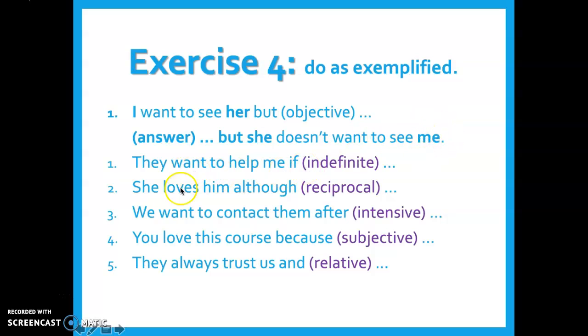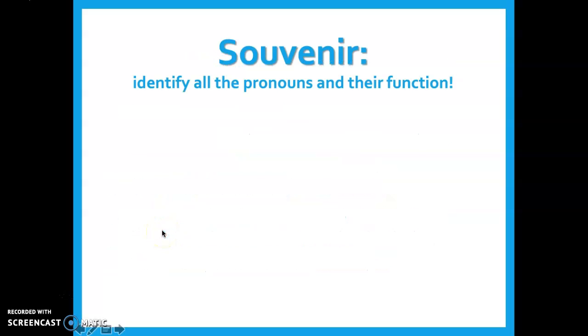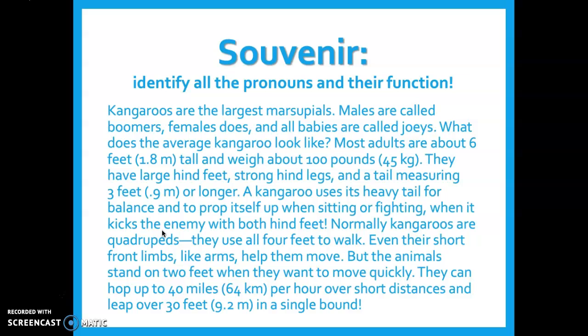The rest is yours. All right, for your souvenir, this is something that you have to do at home for a whole week. I'd like you to identify all the pronouns in this short text and also identify their functions. All right, that's all for now.